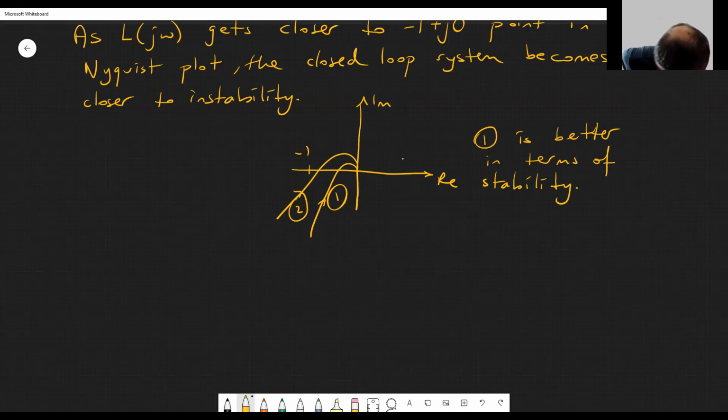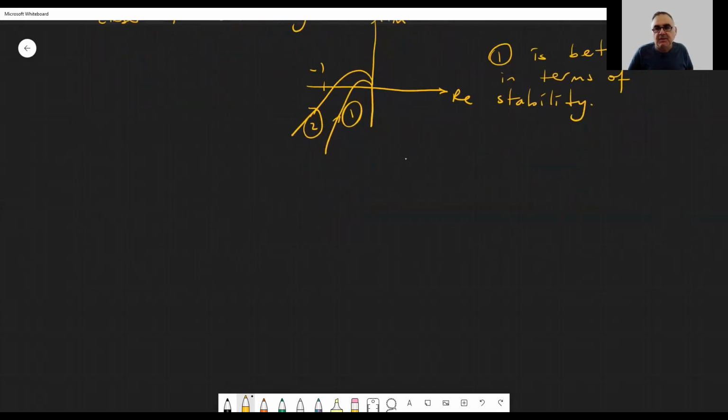So we want to have the closeness of your open loop transfer function to the minus 1 point. We use it as a measure of relative stability.